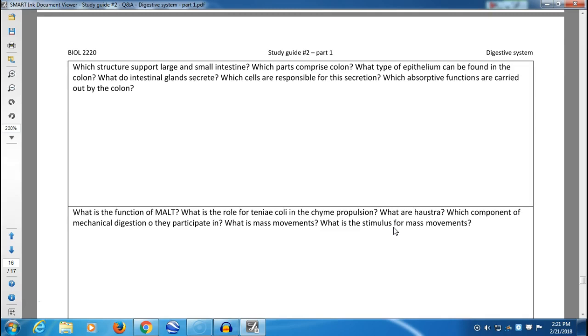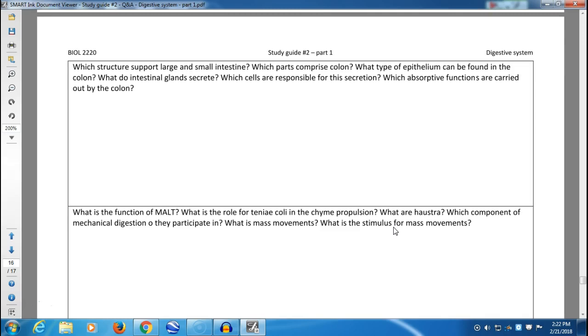Greater omentum, lesser omentum. Those little structures, know them. Okay, mesentery. Now, epithelium: simple columnar, absorptive function, water. Intestinal glands secrete mucus, goblet cells.